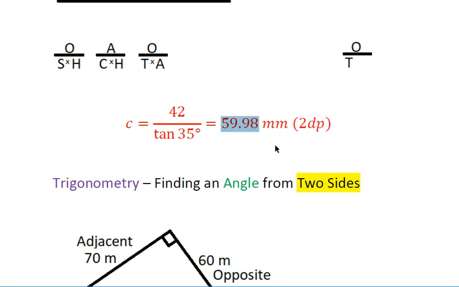It's going to give you the wrong answer if you write in 35 and your calculator interprets that as radians. You have to have it set up as degrees, and the way of checking that is to write out 42 over tan 35, and you should end up with 59.98. If you do not, then your calculator needs to be changed. You need to press a few buttons in the settings, have a look up your manual and figure out how to change it into degrees mode.